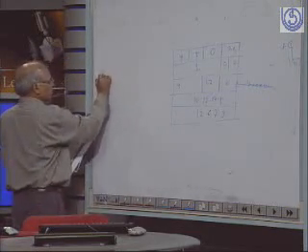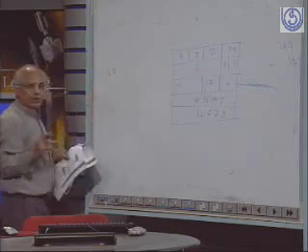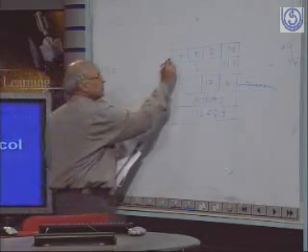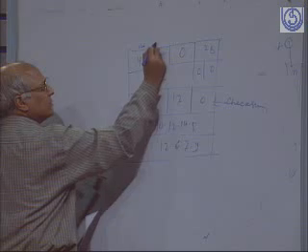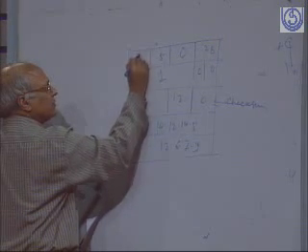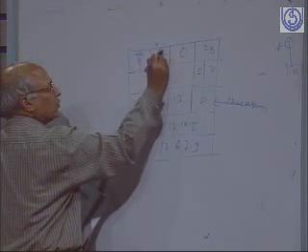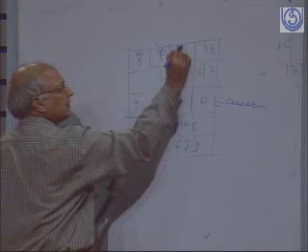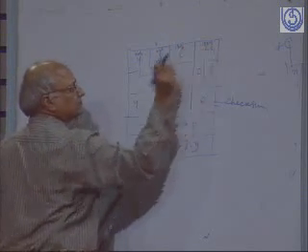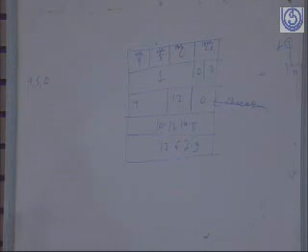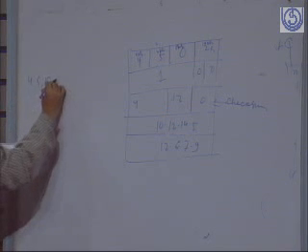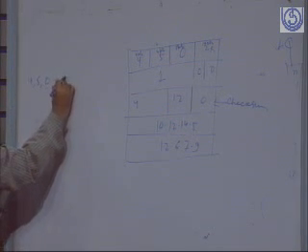So 4, 5 and 0 become one section because this is a 4-bit. This is my 4 bits. This is another 4 bits. This is 8 bits and this is a 16 bit. So 450 will be written into binary.